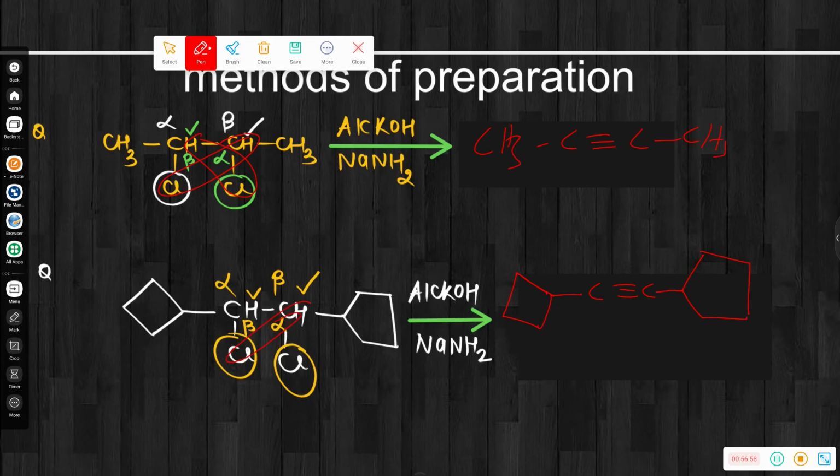Simple. One HCl removed, one HCl removed. But you are seeing this is a vicinal dihalide with alcoholic KOH and NaNH2, so you have to understand it is the preparation of an alkyne. Are you getting it or not? Like this, easily you can do.